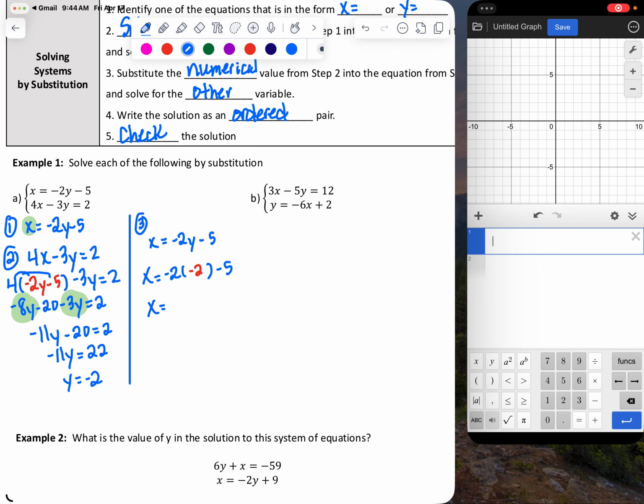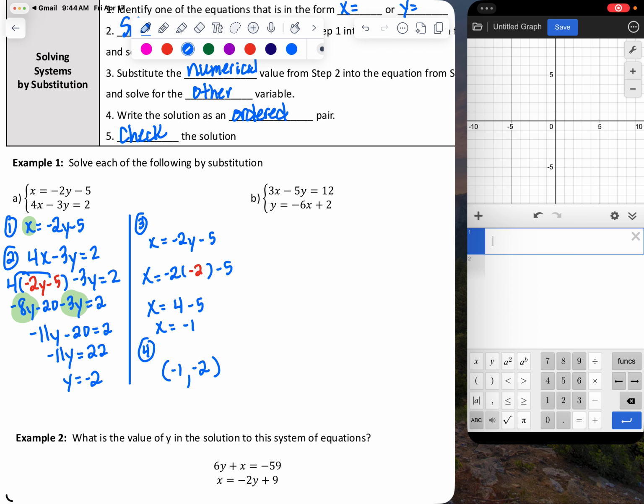So x equals negative 2 times negative 2, which is positive 4, minus 5. So x would equal negative 1. Now, step 4 says to write your solution as an ordered pair. So something comma something. Our x value goes first and our y value goes second.